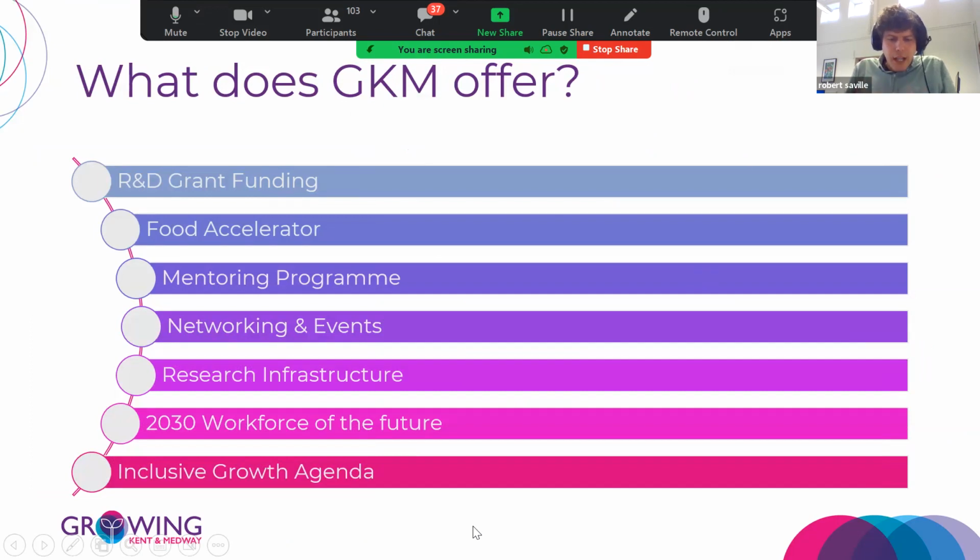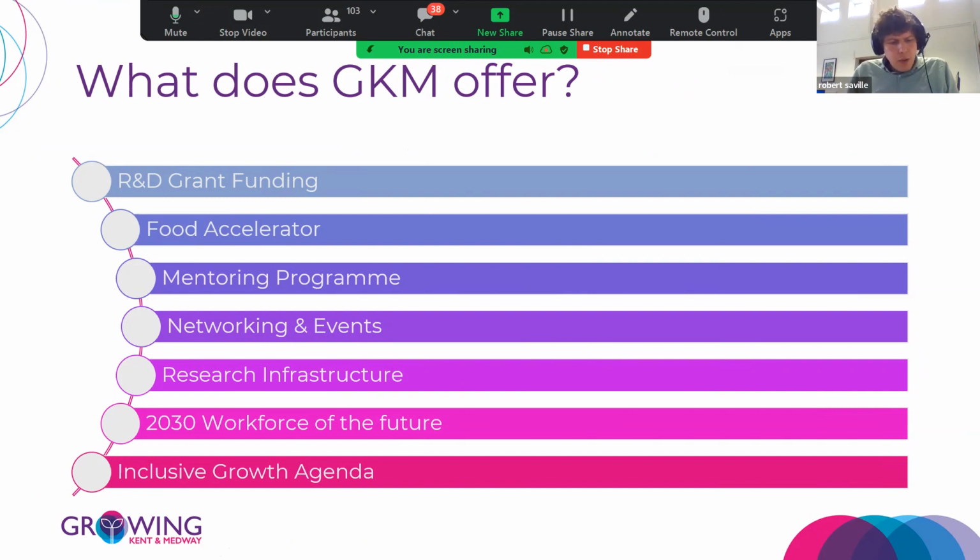So what does Growing Kent and Medway offer? We have various activities which all have a focus on business innovation and supporting the cluster. Our R&D grant funding programme we're using to support research in our target sectors, and I'll speak a bit more about that in some upcoming slides.